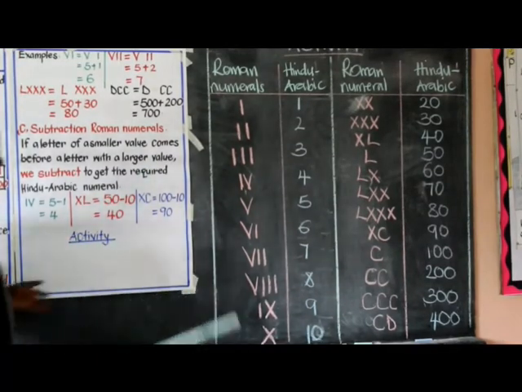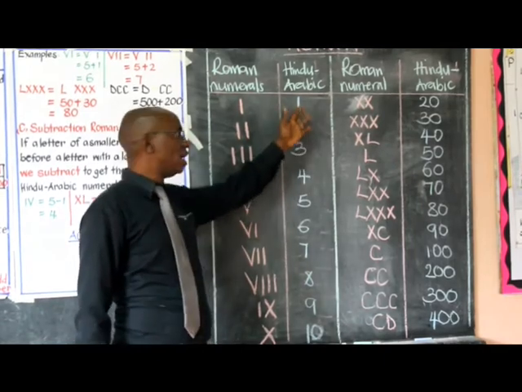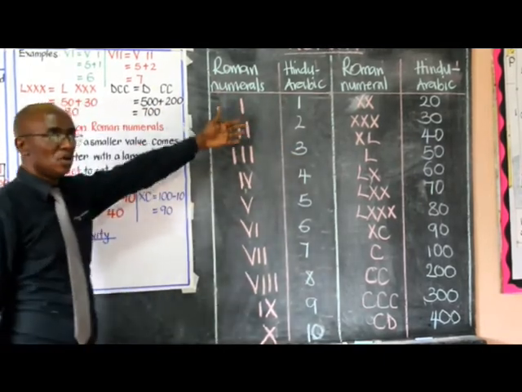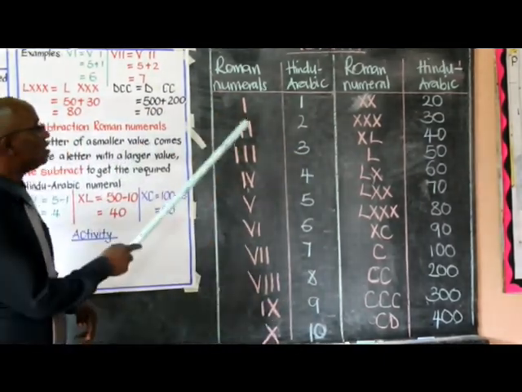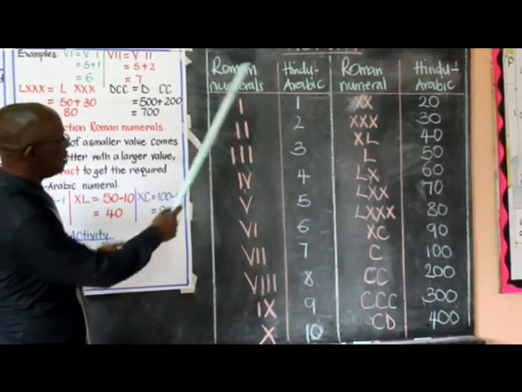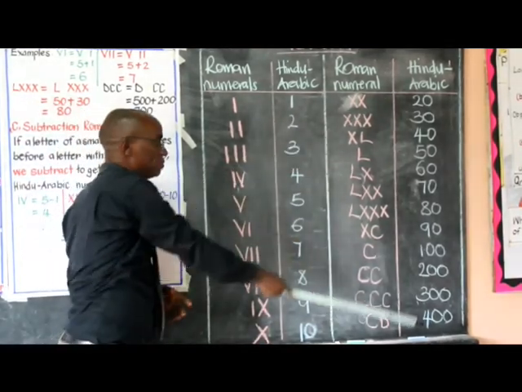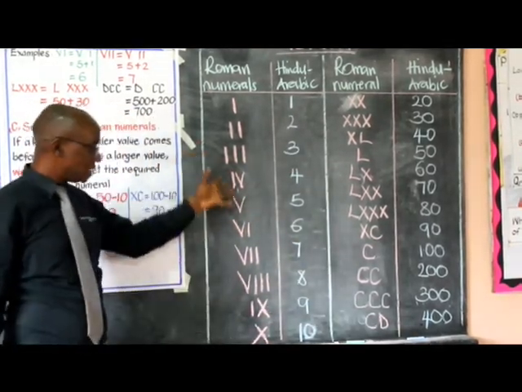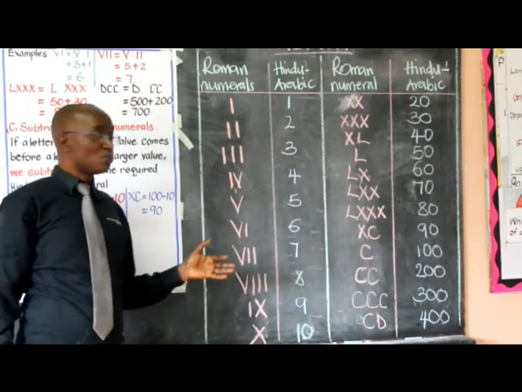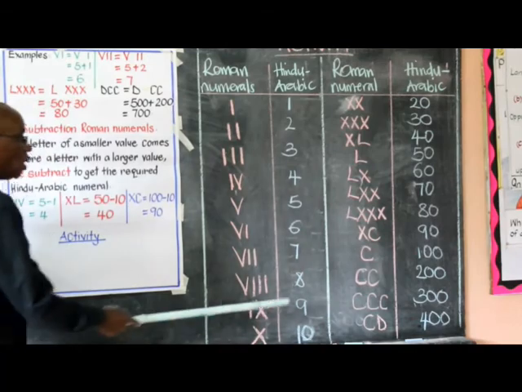So the activity you are going to do is very simple. You are supposed to note these Roman and Hindu-Arabic numerals because this is what you're going to recite during your free time. So you are supposed to look at these and recite them, so by the time we come back for the next lesson, you should be able to tell all these.